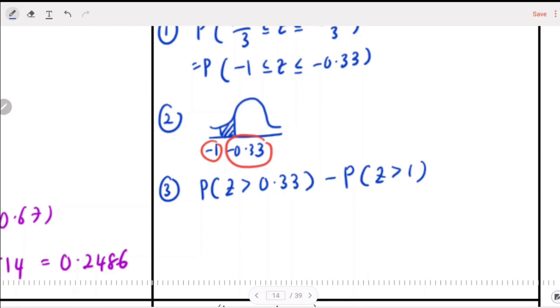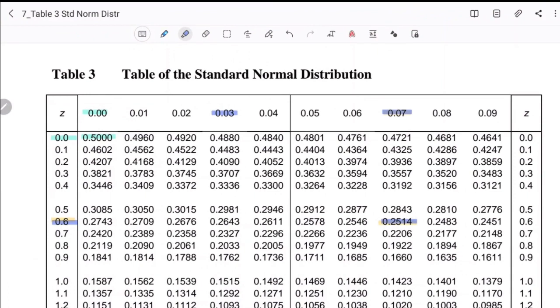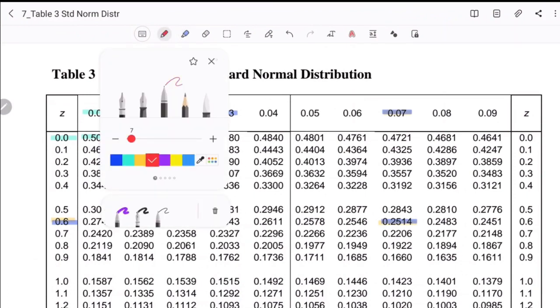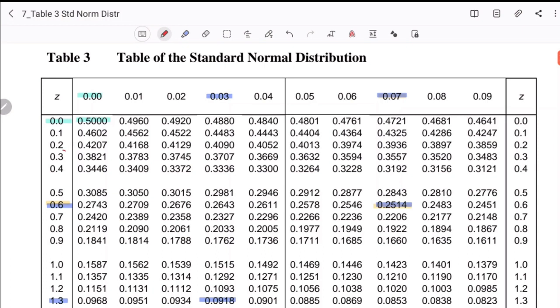It shouldn't be the other way around, because if we take a look at the standard normal table, the probability for Z greater than 0.33 is 0.3707. That is for probability for Z greater than 0.33.